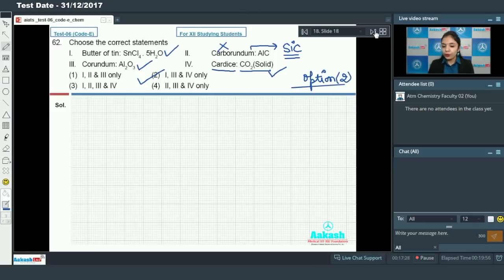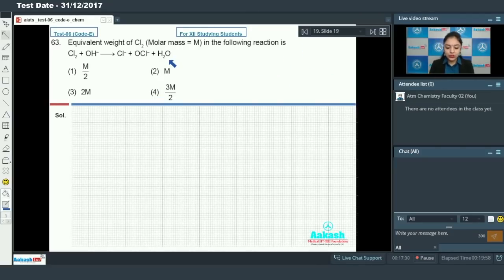Now moving on to the next one, we have question number 63. In this case we have to identify the equivalent weight of Cl2 in the following reaction. We have this reaction in which Cl2 reacts with OH⁻, forming Cl⁻ and OCl⁻ plus water.